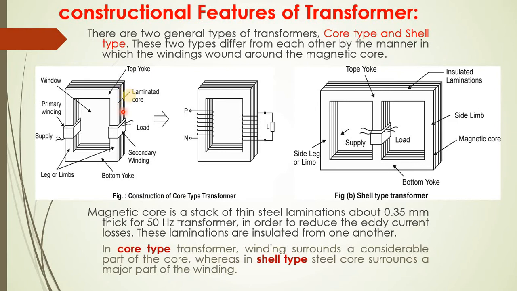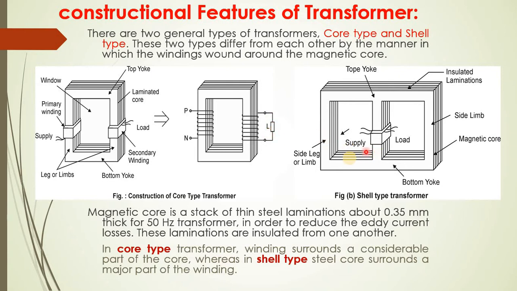Then this is the laminated core, this is the primary winding, and this is the secondary winding. Here are the top yoke and bottom yoke. Supply is given to this primary winding, and the secondary winding connection is given to the load. This is shown schematically here: the primary winding wound over this core, and the secondary winding to which the load is connected.